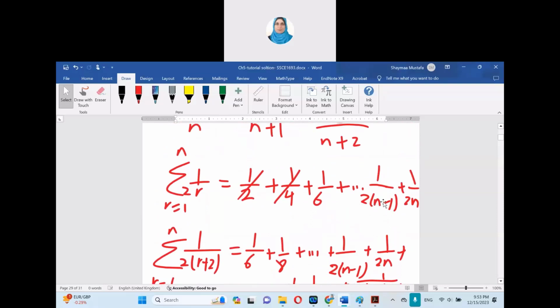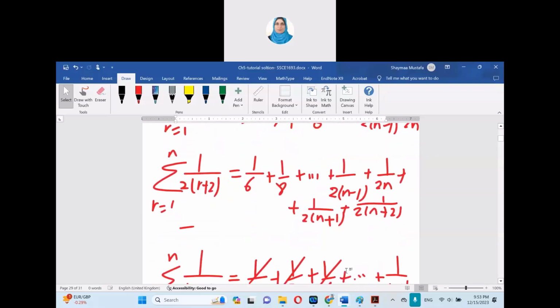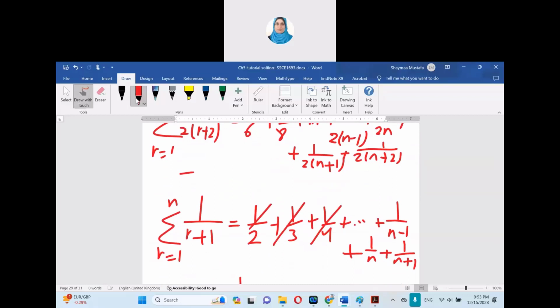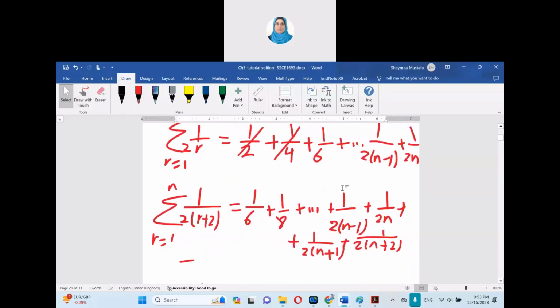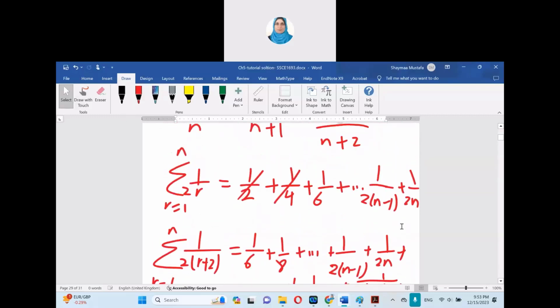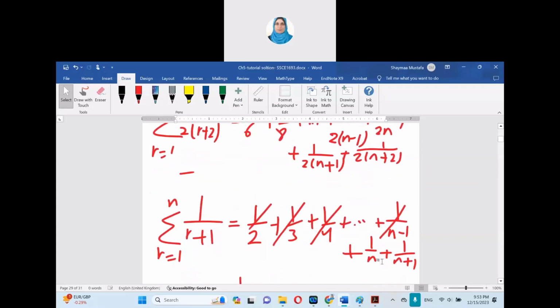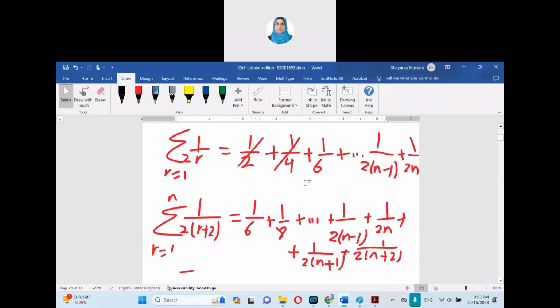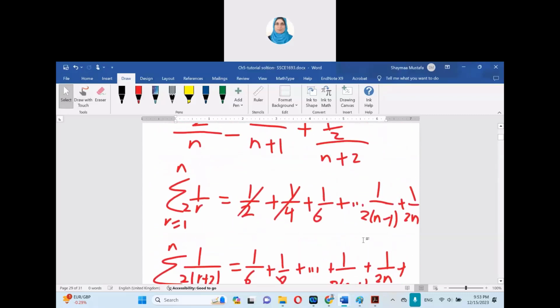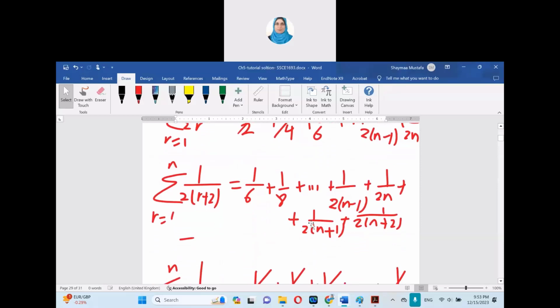1/2 and minus 1 will be cancelled with this term. Also 1/2n here will be cancelled with 1/n here. Here all the terms are cancelled.